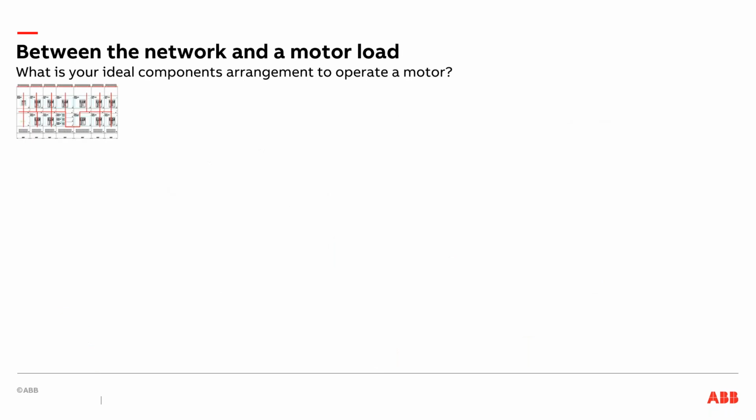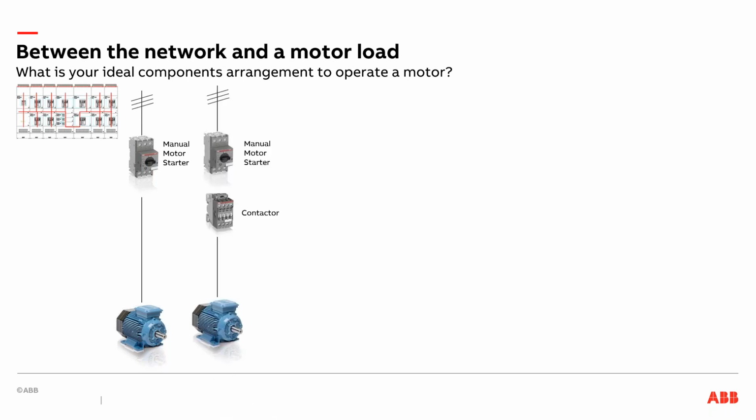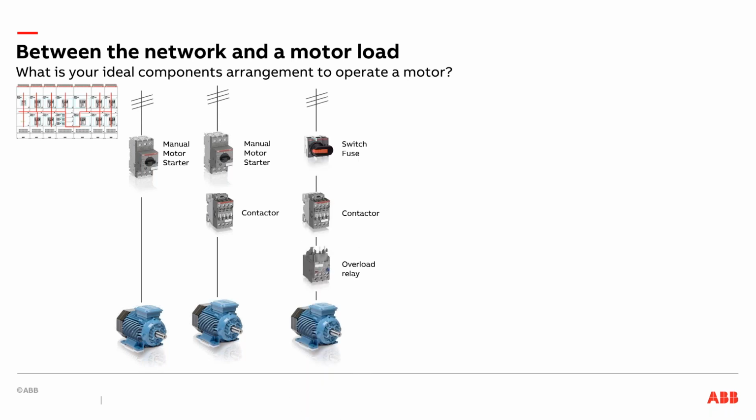And how do you like the arrangement? You can use only a manual motor starter to start your motor. You can use it with the contactor if you need to use it with a push button. You can use it with a switch fuse and with the overload, because overload cannot give you short circuit protection, so you need to have a switch fuse as well for short circuit protection.